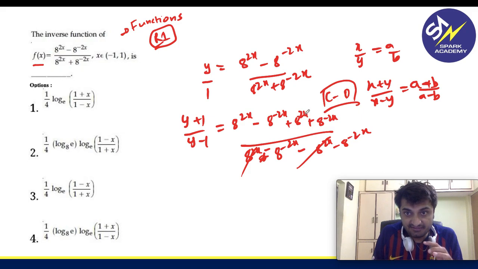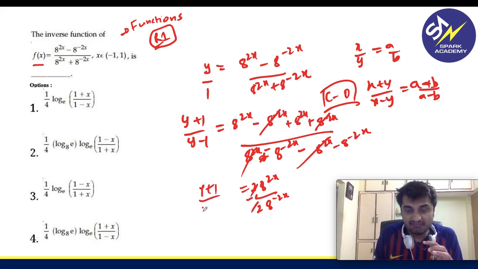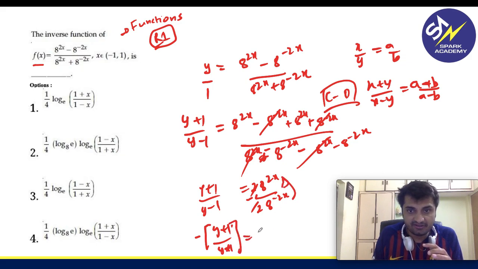These two will get cancelled here. These two will get cancelled here. Basically, I am getting 2 times 8 power 2x by 2 times 8 power minus 2x with a negative sign, obviously. So y plus 1 by y minus 1. I will take the negative to the other side. So minus of y plus 1 by y minus 1 is 8 power 4x, I'm getting, right?